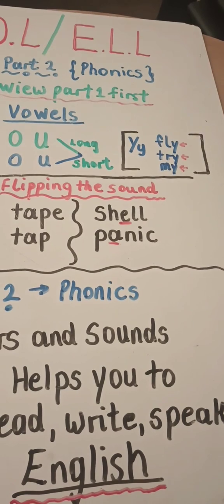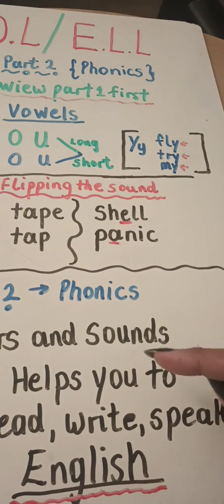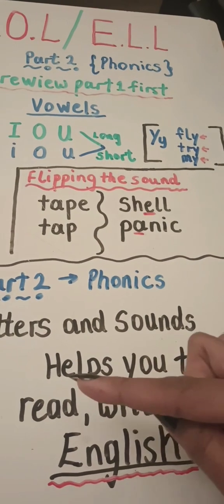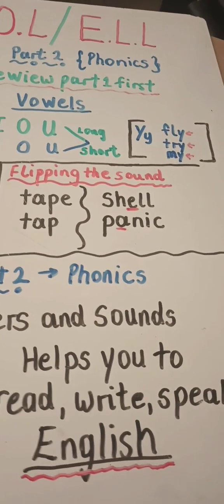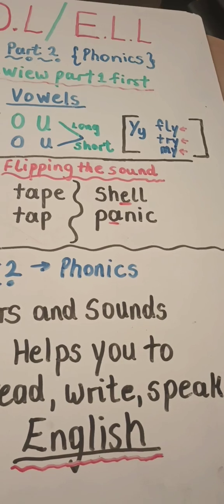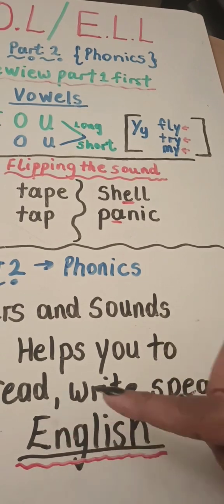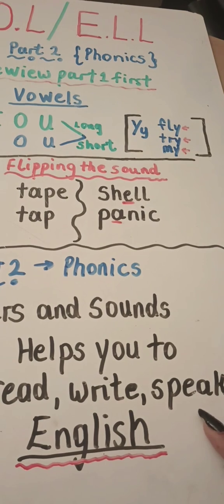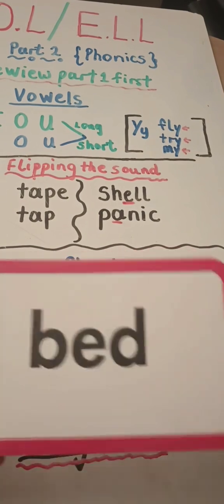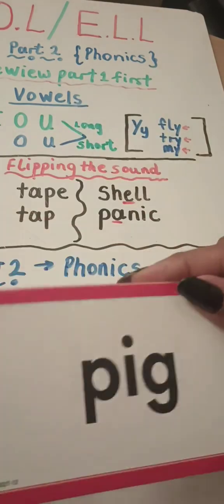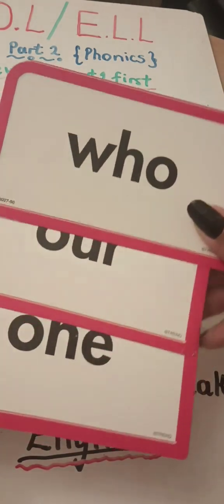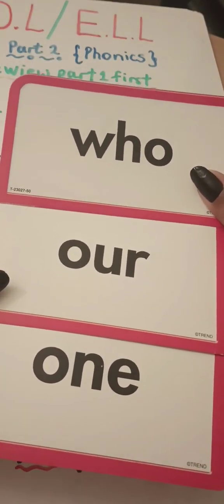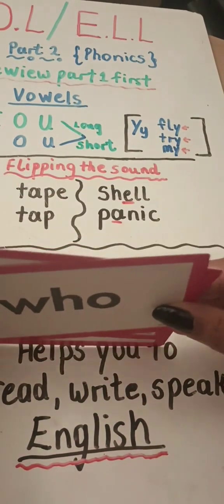And in part 2, today we talked about phonics and the fact that it's basically letters and sounds, and phonics goes a long way in helping you to learn the English language. It helps you to read it, write it, and speak it. We also reviewed phonetically spelled words like bed and pig, and tricky words that are not traditionally spelled, and you made notes of them, and you'll be using them in sentences and trying to know them by sight.